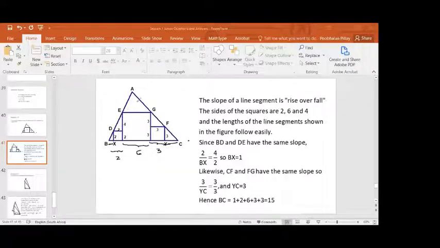The slope of this line is vertical over horizontal, which is 2. So therefore, the slope of this line is still the same line. So the slope of this is also 2, but here the height is 2, so this has to be 1 here. Right? That will force the slope of this line to be 2 here, 2 over 1, and that is 4 over 2.